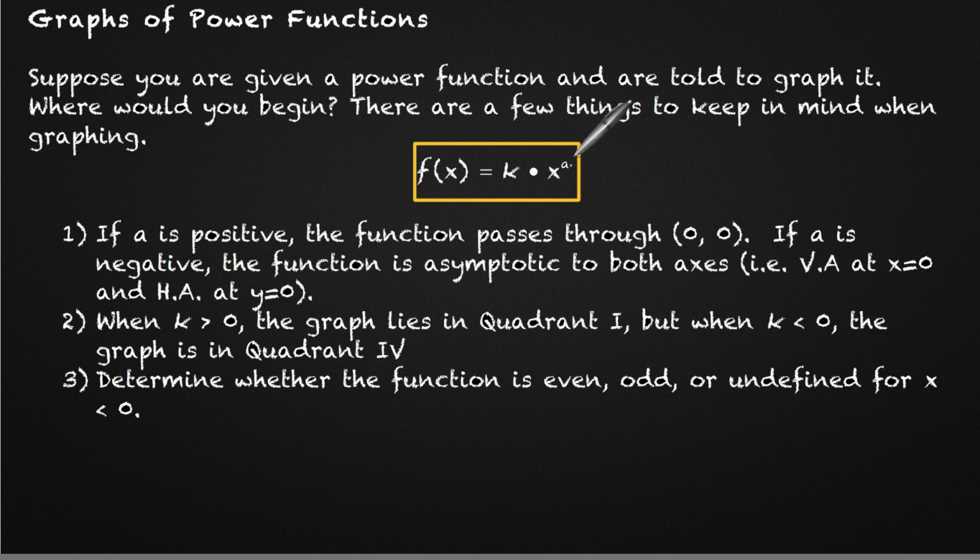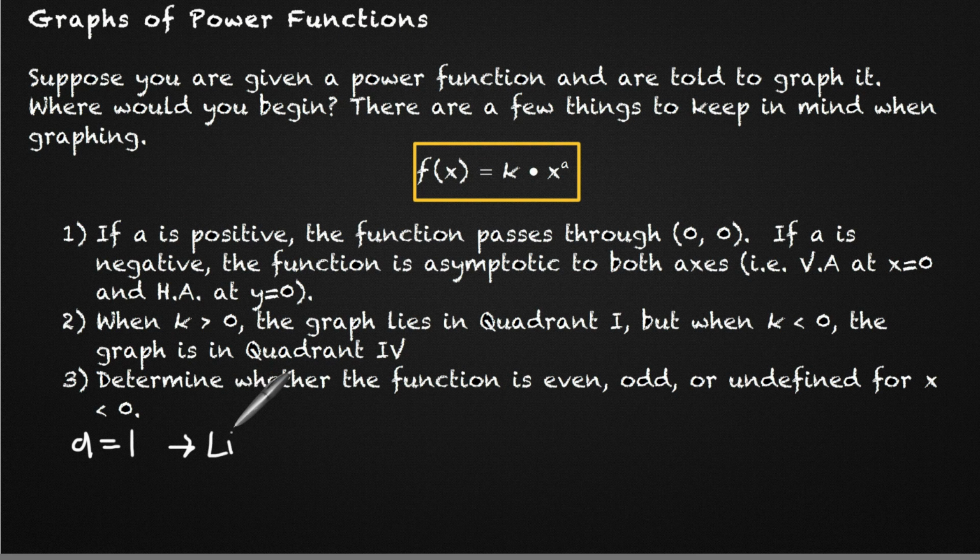Now the letter a controls what type of function it's going to resemble. If a is equal to 1, then it's going to resemble a linear function. Think about it. k times x to the first is just a linear function. So let's write that down.